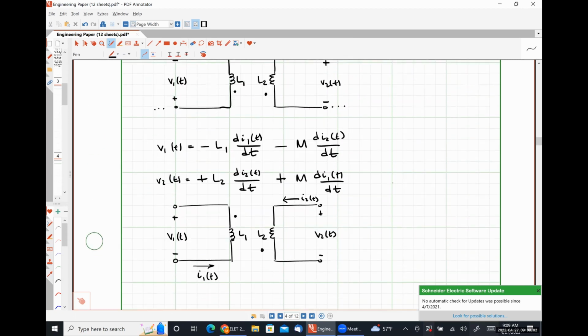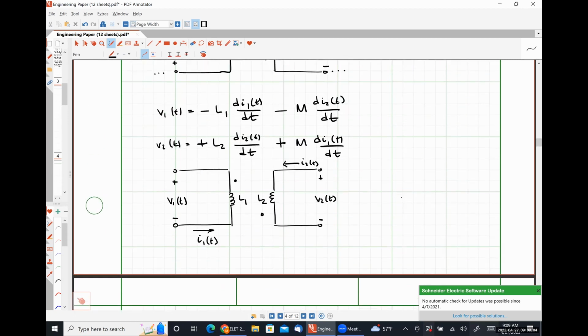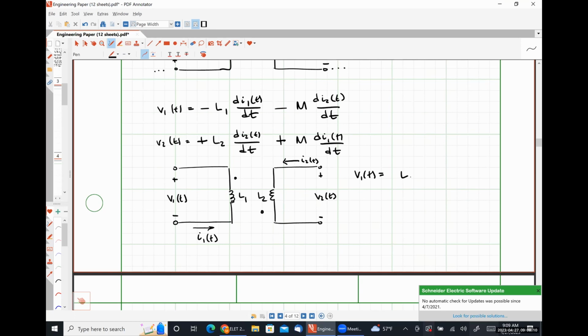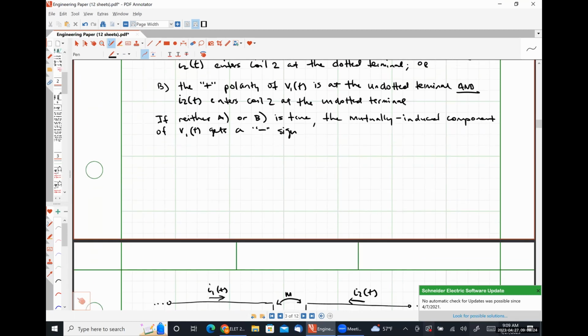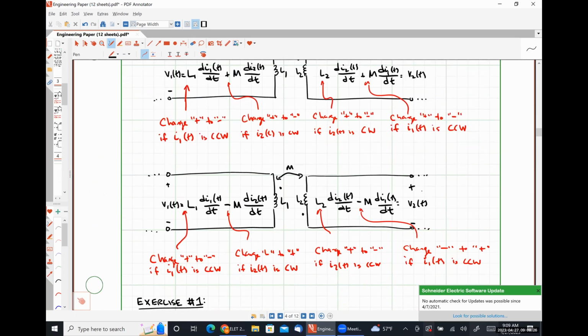So I should have V1 of t equal to plus or minus L1 di1 by dt, and then plus or minus M di2 by dt. So let's look at things here. Okay, where's the picture? Here we are.